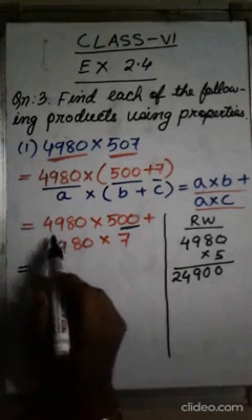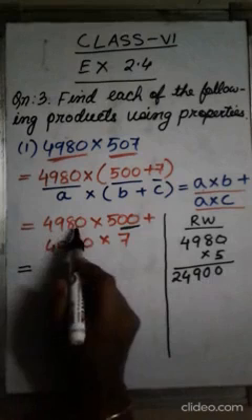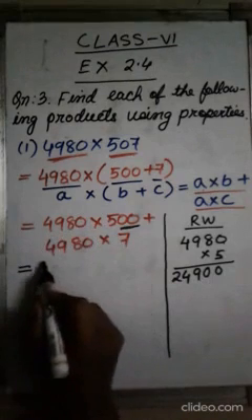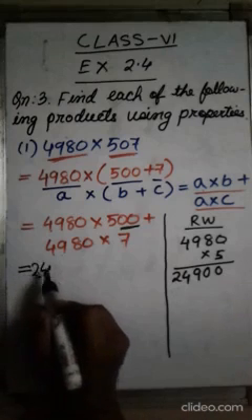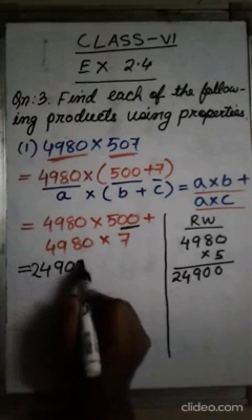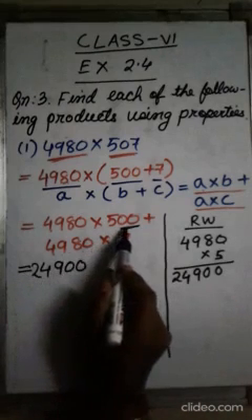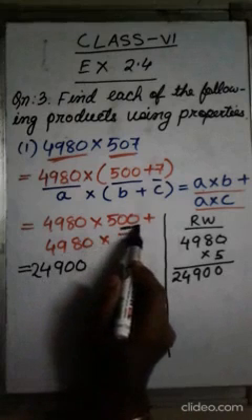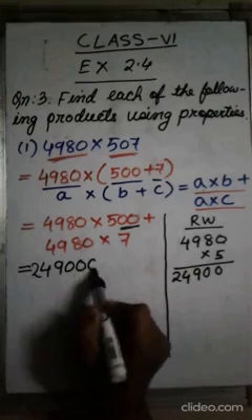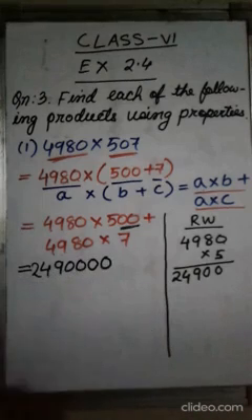So 4980 into 5, we got 24900. We had left the two zeros. Here we will add the two zeros.